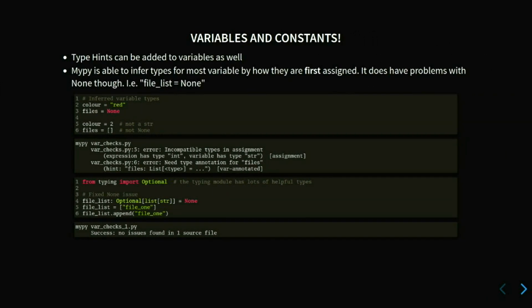Okay, so we looked at using type hints for function arguments. Now let's take a look at using type hints for variables. In the top example, I'm having trouble reading my screen here because of the lights, but the top example is where we have two variables, color and files.